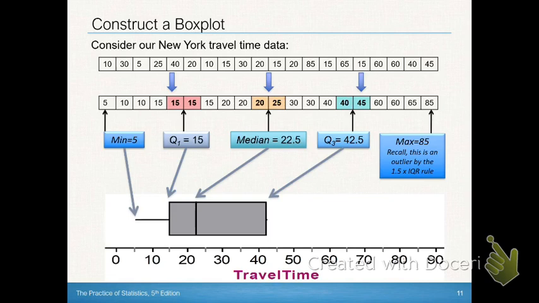Our minimum was 5, so that makes up the edge of the whisker. However, the biggest number on our list that's not an outlier is 65, so our whisker only goes up to 65. Then we put an asterisk or a star at the outlier of 85. There might be more than one asterisk in your box plot if there's more than one outlier.